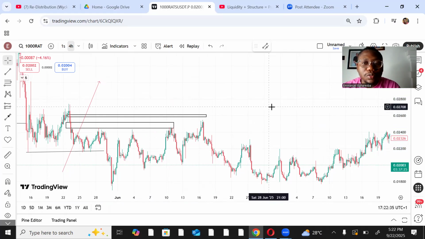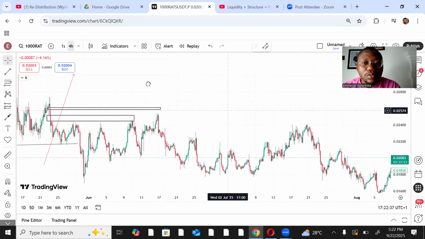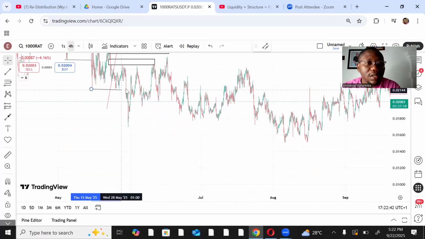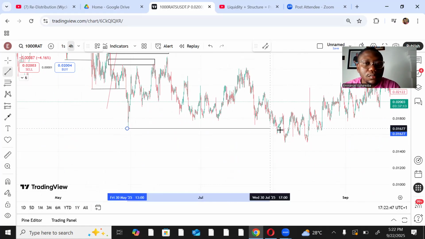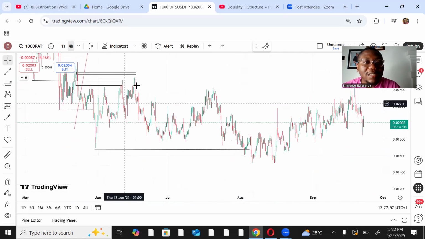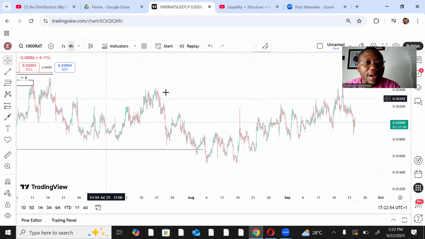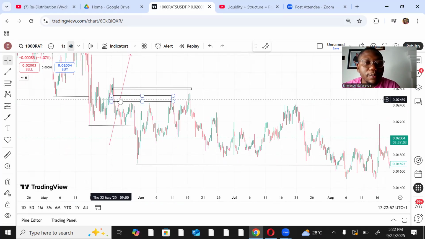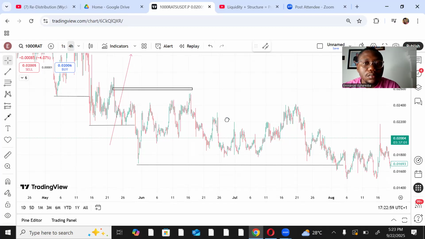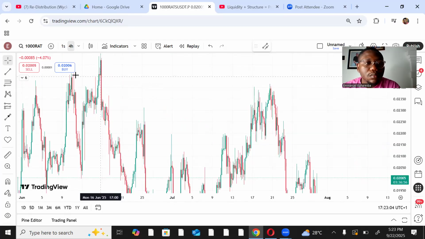So the next thing we want to do is to look at price is currently breaking structures to the downside. Now we want to see where price has not filled an imbalance. Remember, we have one here. This one has been filled completely. So let me knock it out. There's one here that has not been filled.